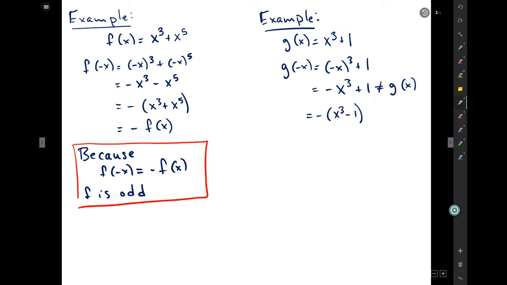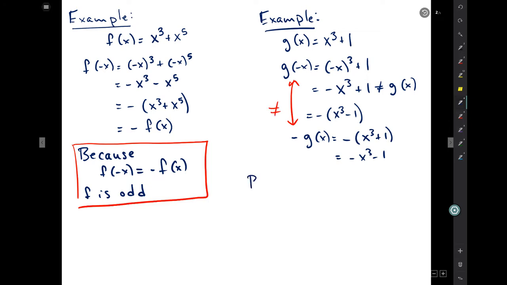And we see that negative g of x, this would be negative parentheses x cubed plus 1, which is negative x cubed minus 1. So g of minus x is also not equal to negative g of x. So these two are also not equal.